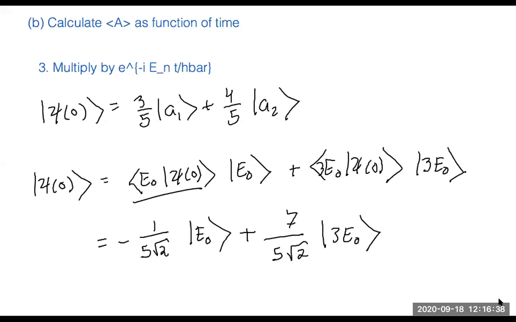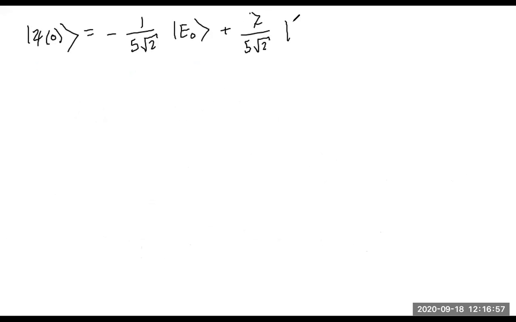So now I can do the extra term. I'm going to write this one more time because when I switch slides, I like to write it all back down again. This is minus 1 over 5 square root of 2 E naught plus 7 over 5 square root of 2 3 E naught. All right, now I can put in my energy terms.